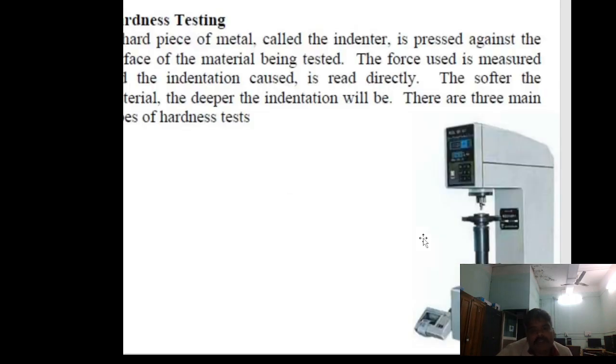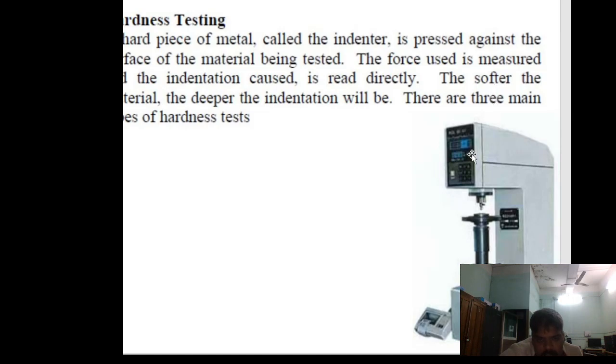This is the hardness testing machine. A hard piece of metal called the indenter is pressed against the surface of the material being tested. The force used is measured and the indentation caused is read directly. The softer the material, the deeper the indentation will be.